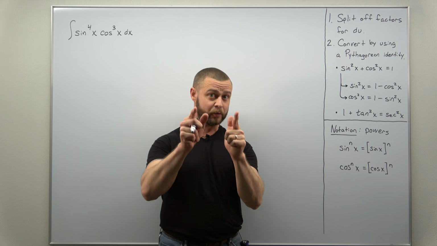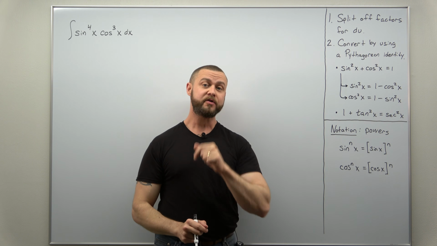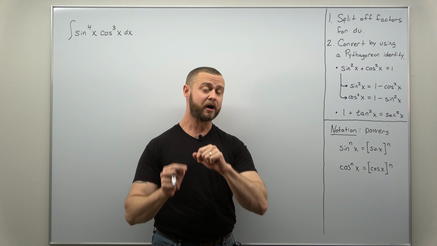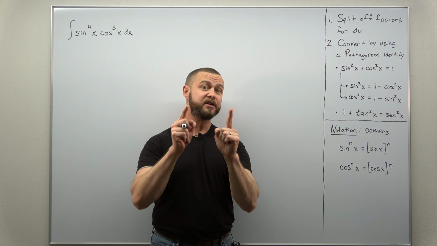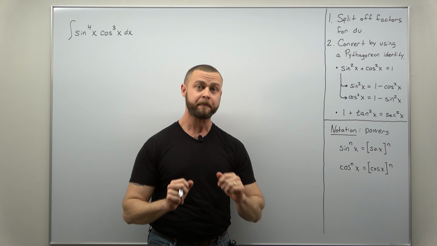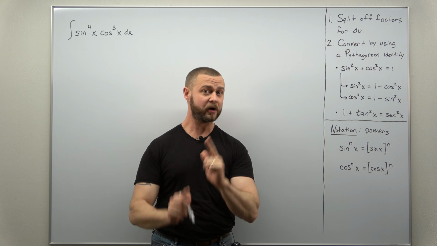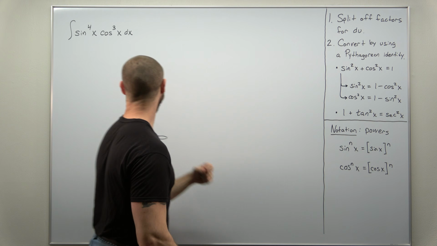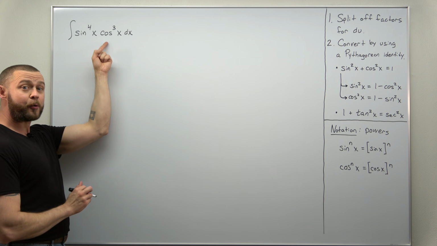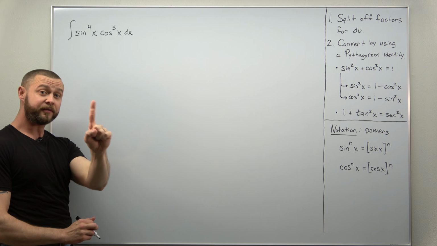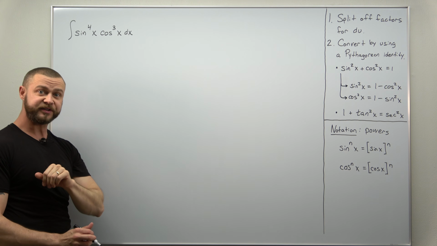Now let's go ahead and get to this one in particular, which involves powers of sines and cosines. And as long as there is one odd power, these are very easy. We're going to split off one power from the odd factor. And if you take a look here, we have an odd power of cosine. Let's pull off one factor of cosine of x.